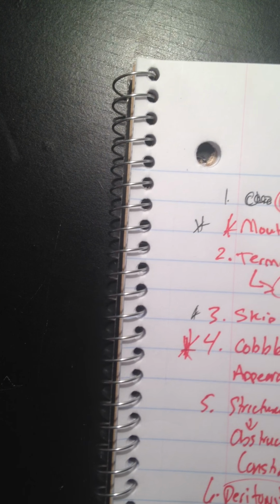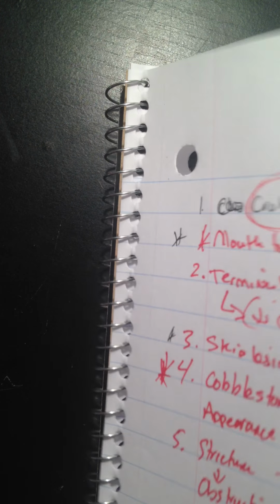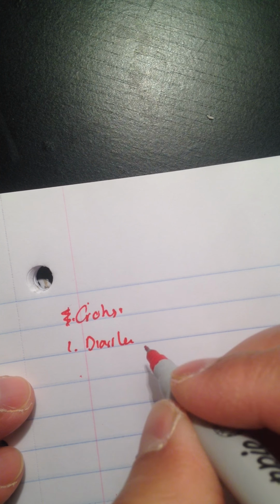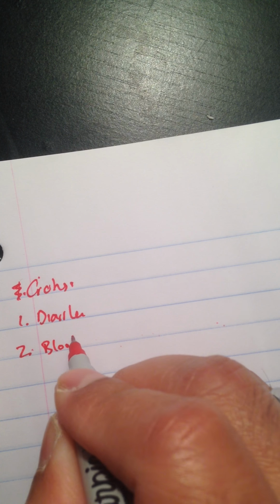Now let's talk about some signs and symptoms. Let's focus on Crohn's first. So number one, diarrhea, and this will also occur in ulcerative colitis. Number two, bloody stools.